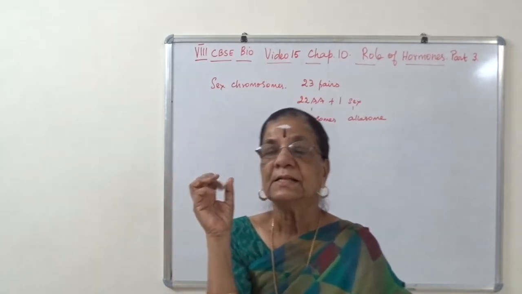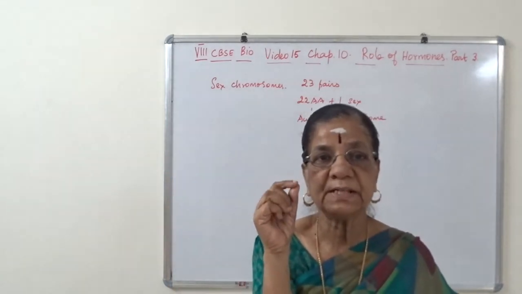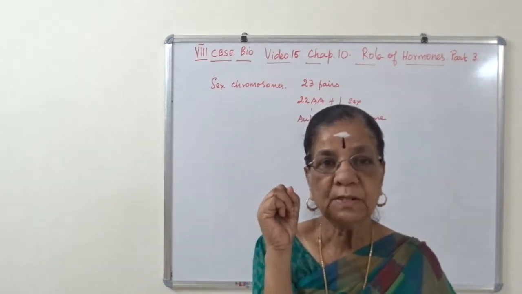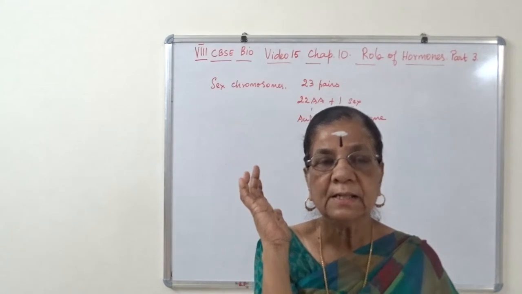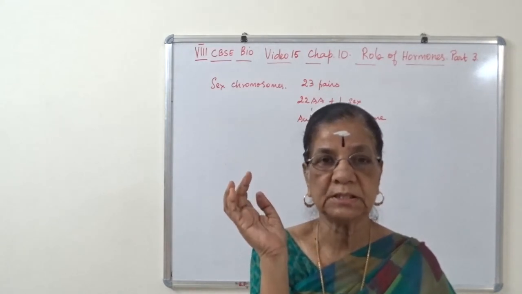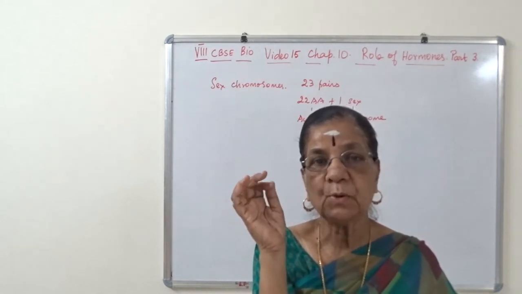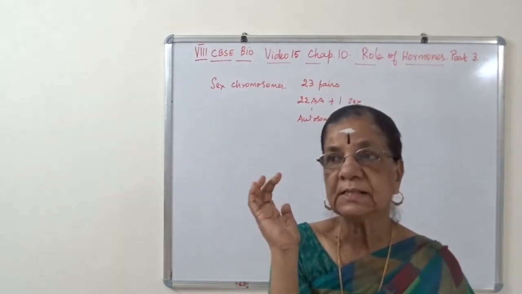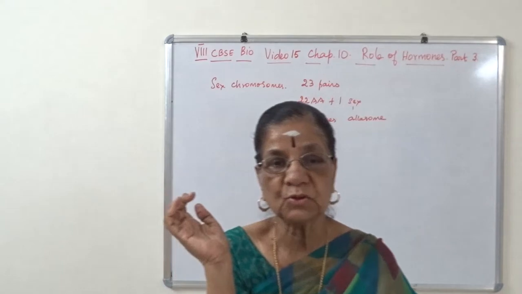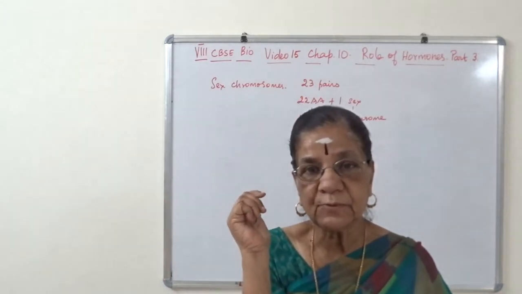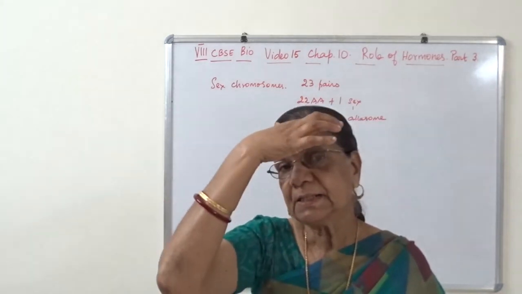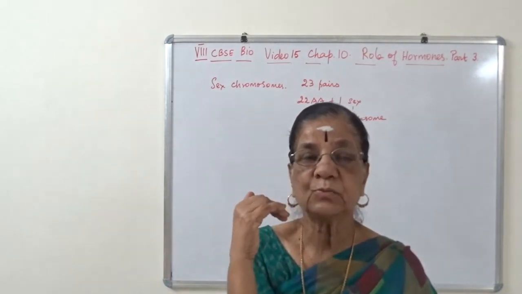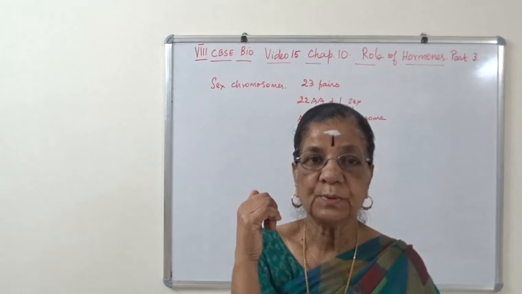The 23rd pair, the allosome or sex chromosome, will function only at the time of reproduction, during gamete formation. I hope you understand.